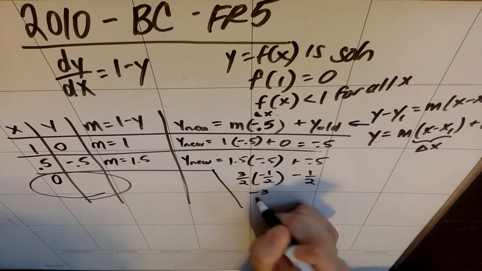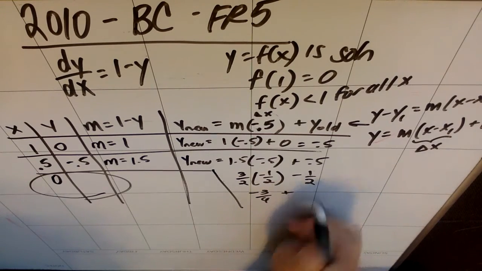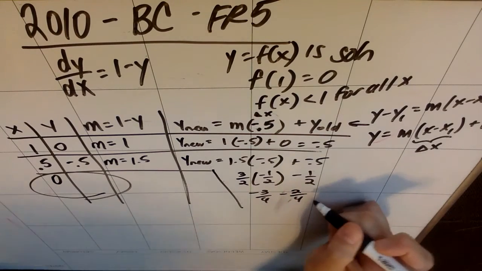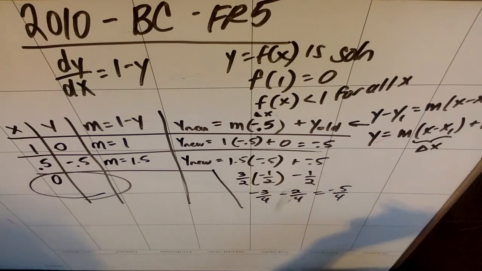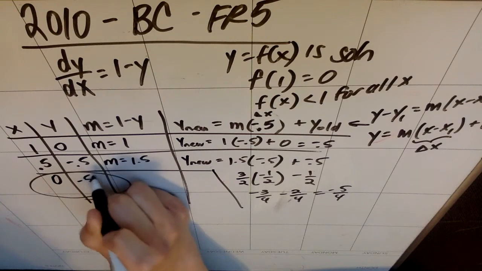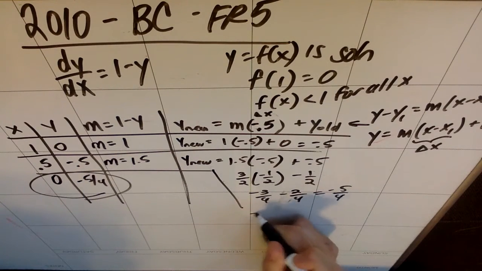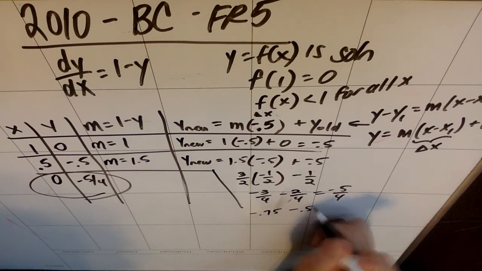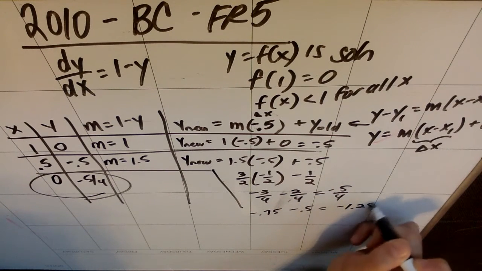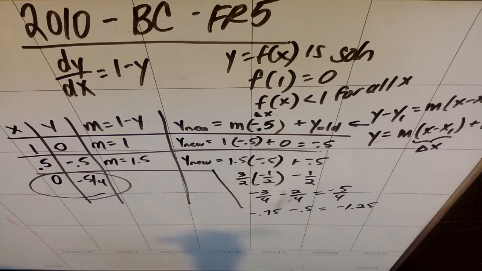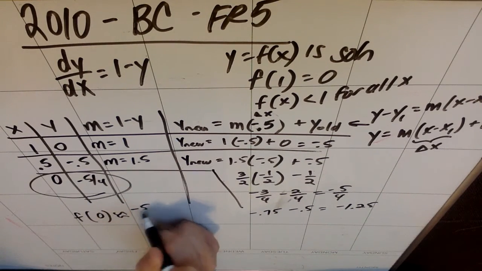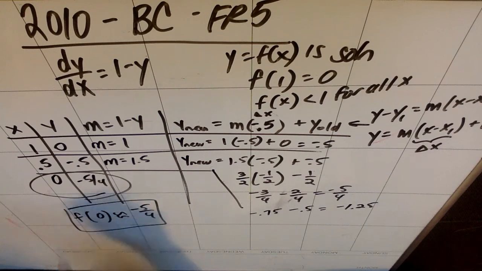You'd get negative 3/4 minus 2/4, and you'd get negative 5/4, and that's fine. If you'd gone with decimals instead, you might have made this a negative 0.75 and a negative 0.5, and you would have gotten a negative 1.25, and hey, look, it's the same answer. So either way you do it, f of 0 is approximately negative 5/4 or negative 1.25, doesn't matter which one.